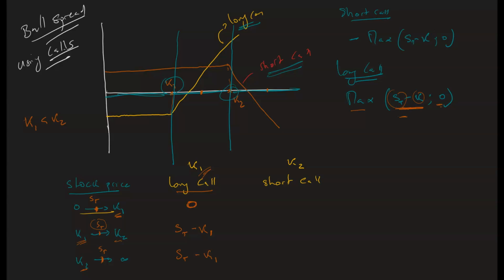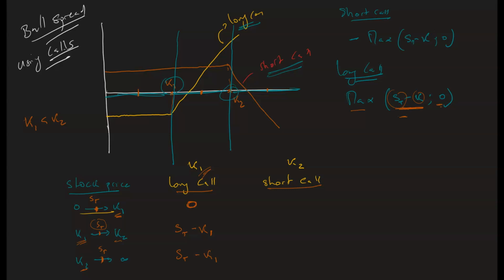Alright, let's look at the short call. Now, with the short call, we have something very similar. When the stock price is between 0 and K1, that is, we are over here. Remember, we have a short call, and I like to think of a short call as the negative of the long call.